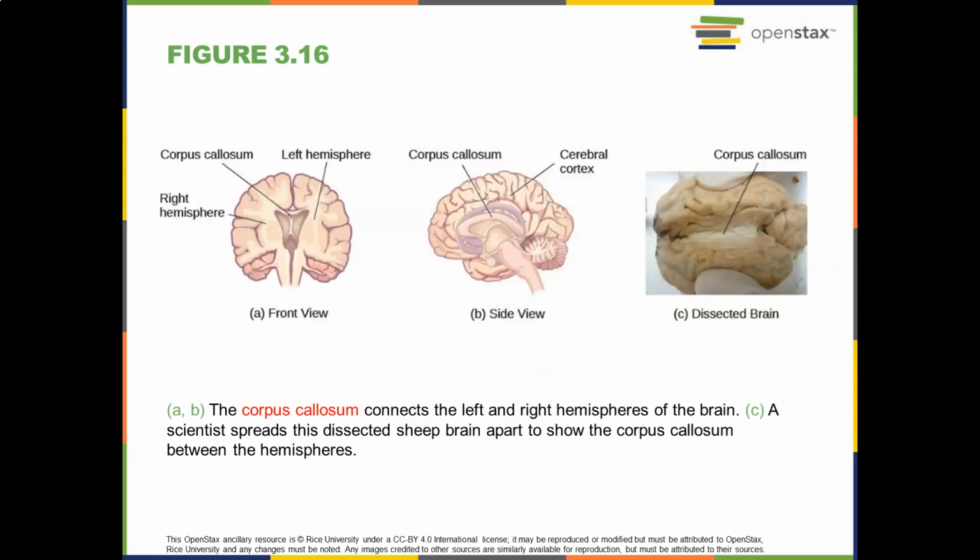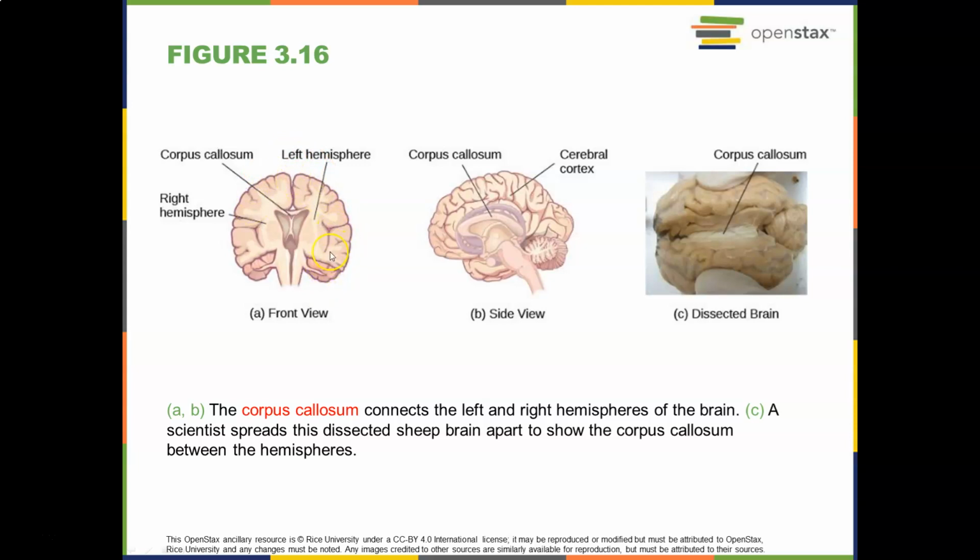Okay, and some more pictures. The brain is divided basically into two hemispheres, so here's the right hemisphere. This is looking from underneath, by the way. And this is the left hemisphere.